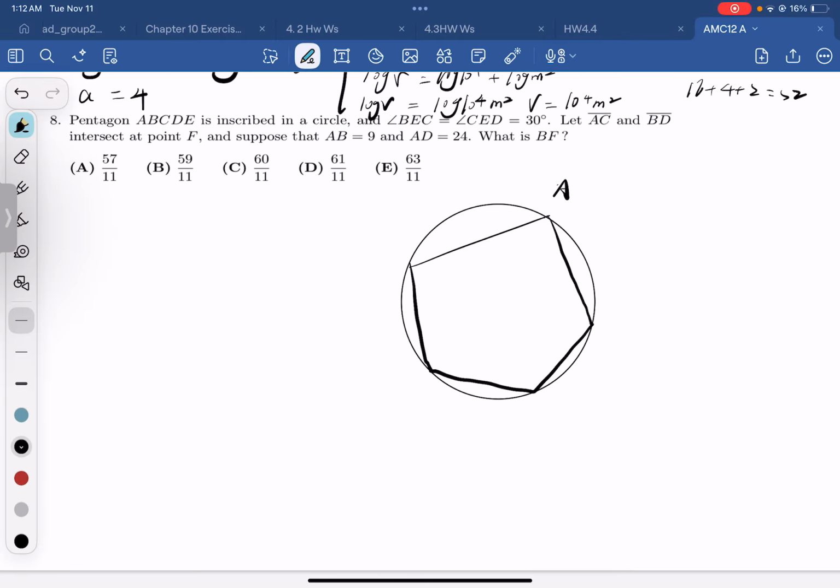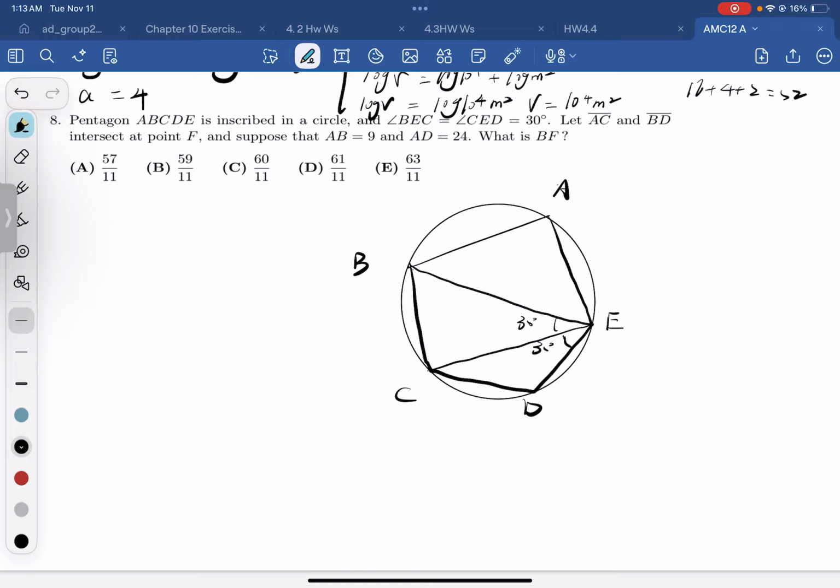The measure of angle BEC equals angle CED, and this angle equals this angle, which is 30 degrees.